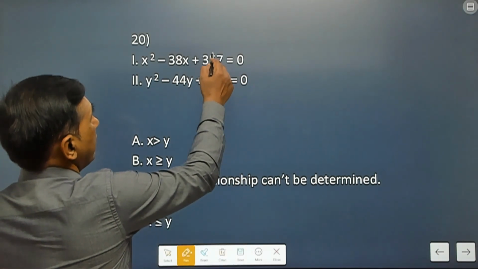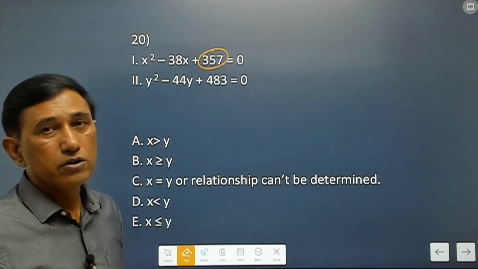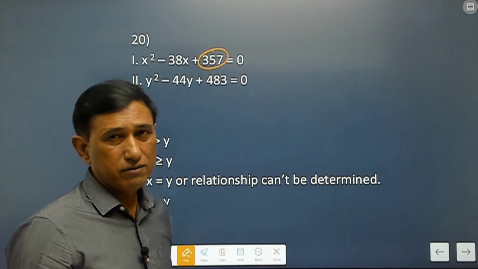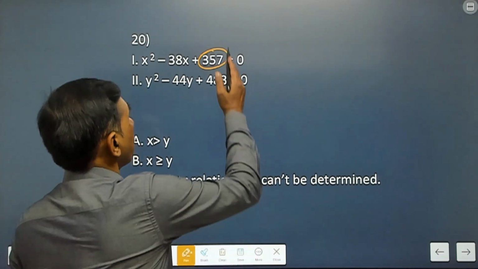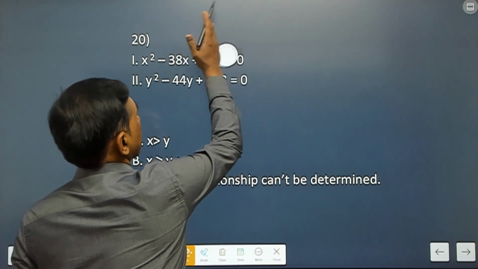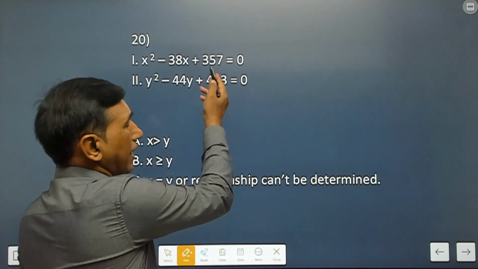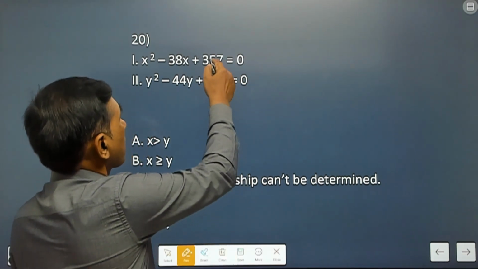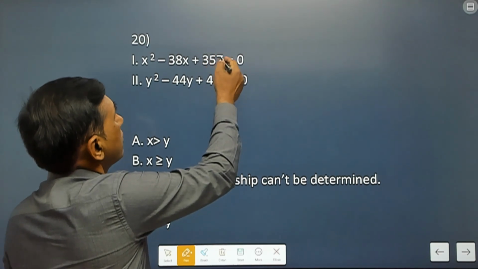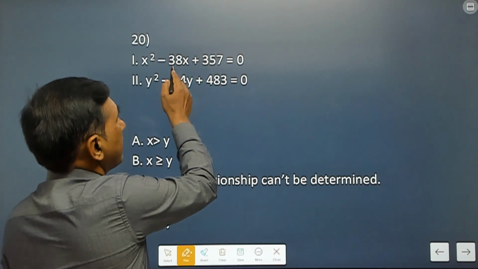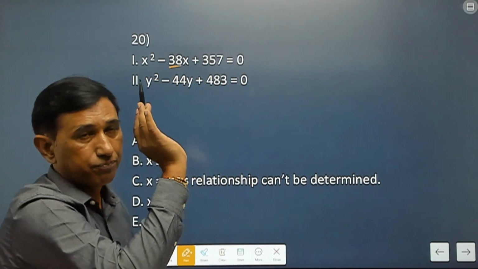Here also again 357. Find out the root. Root is 19. So we will just check. 19 and 19 cannot be.